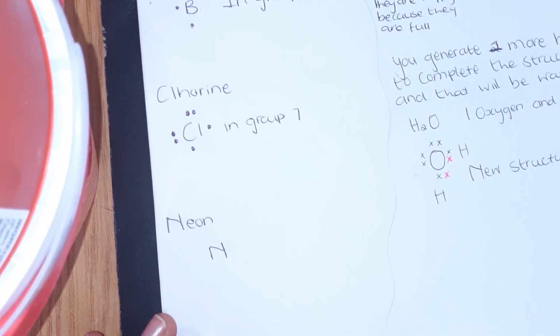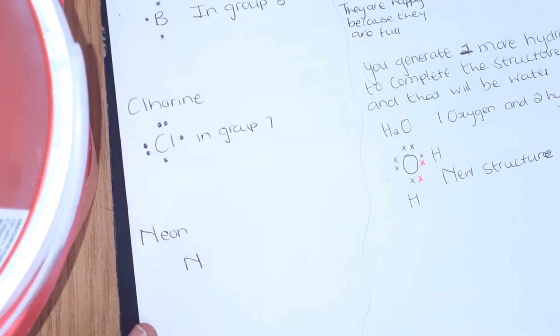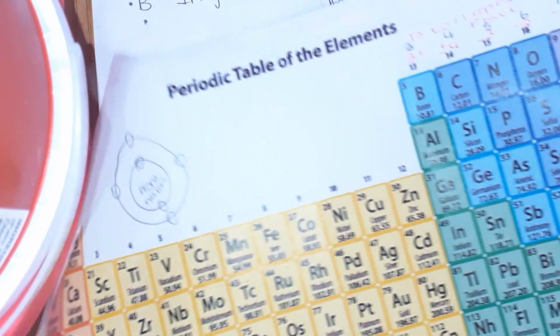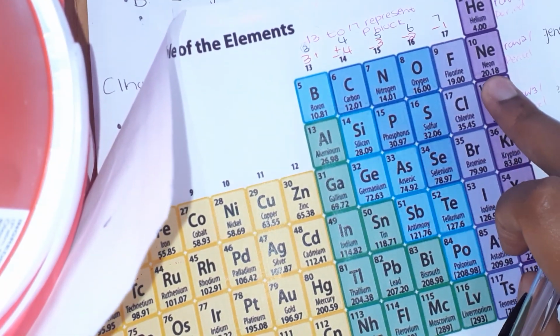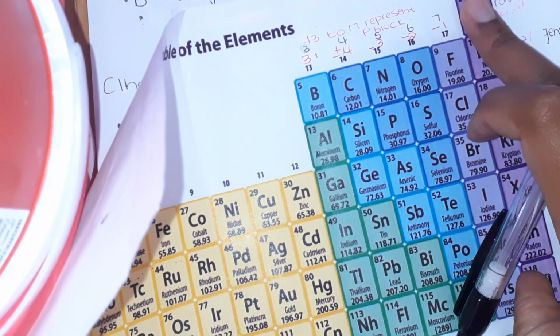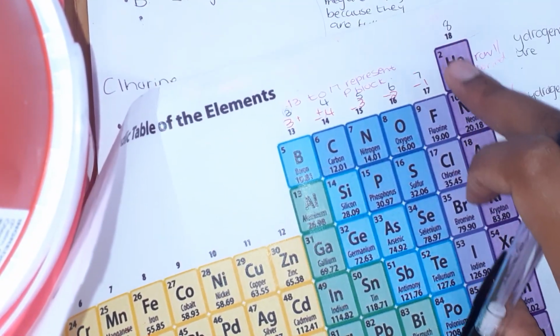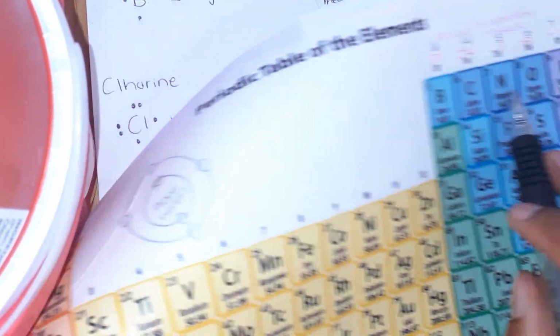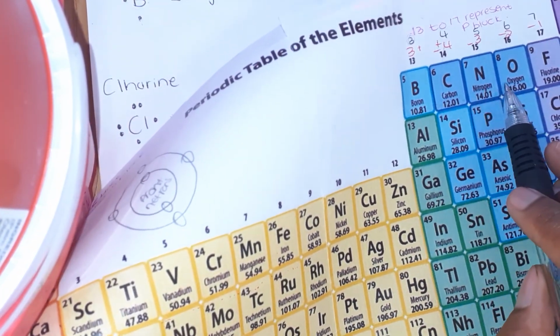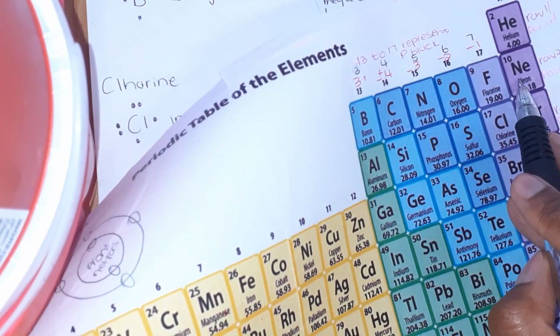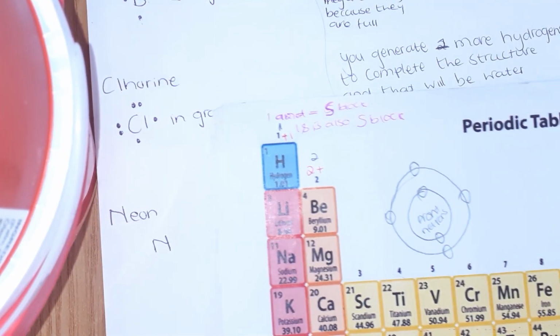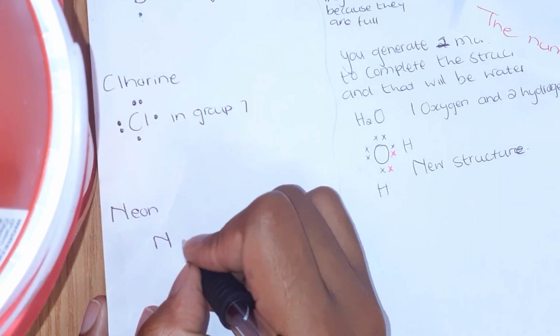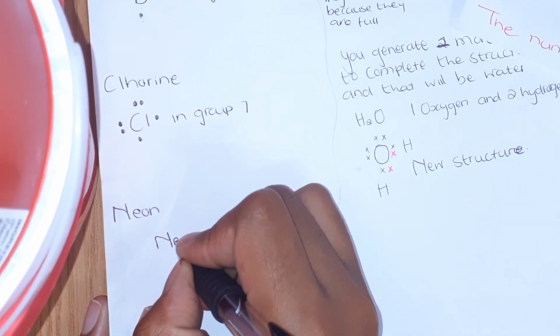Now we can look for neon. Neon is here in group 8. When you calculate from here it is 1, 2, 3, 4, 5, 6, 7, 8. It's neon, I forgot the E here.